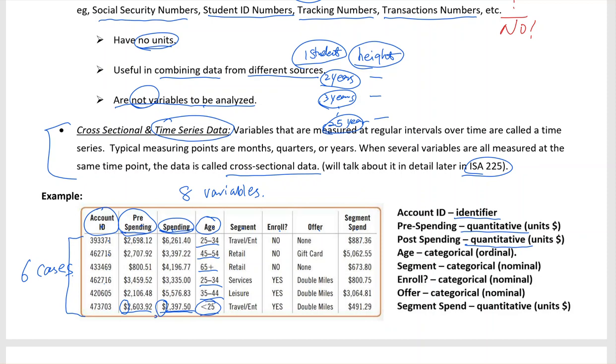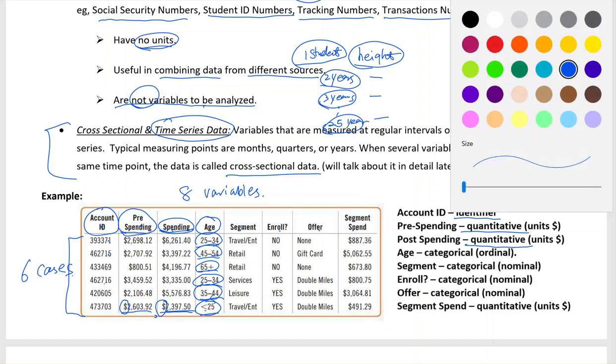If you are 41, it belongs to this category. So it is not a detailed age. They are categories. Your response belongs to one of these categories. So in this case, age is not a quantitative variable.